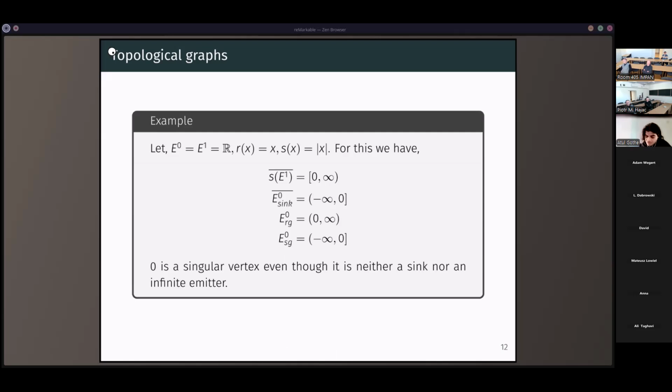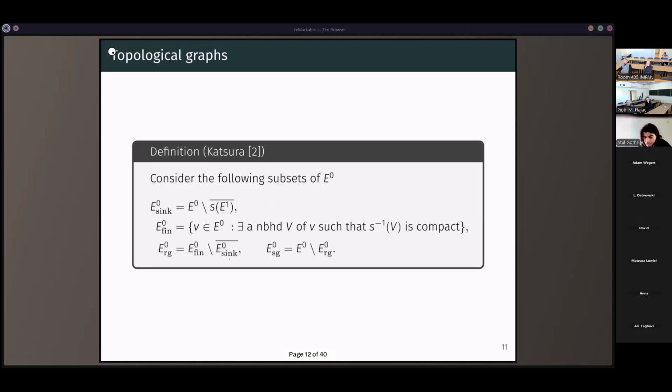So for instance, let E0, E1 be R with the usual topology, say the range map is the identity, while the source map is taking the mod. So for this, we have that the image of the source, if we take the closure, is just 0 to infinity. So the closure of sinks becomes so because E0 sinks is E0 without the closure of the image of the source.